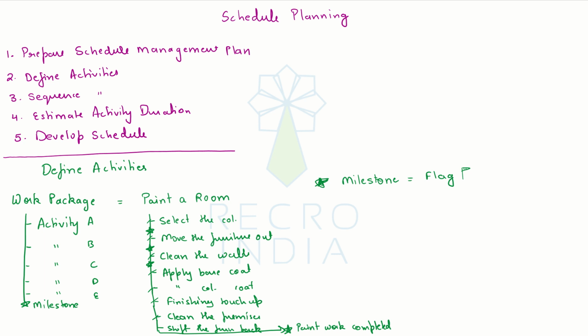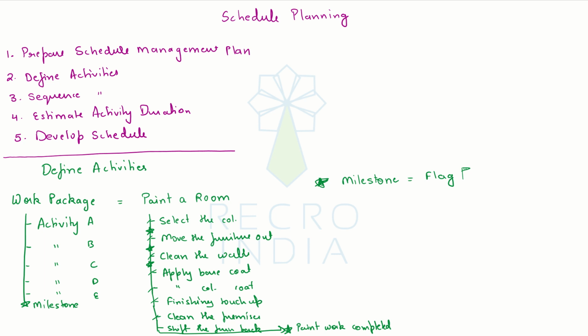Now, of course, there could be different levels of milestone. We can have milestones at the activity level that signify certain important activities or accomplishments. But then you can have milestones one layer above in the WBS, maybe for the management's review, or you can have milestones from a customer's point of view, like payment milestones or handover milestones.